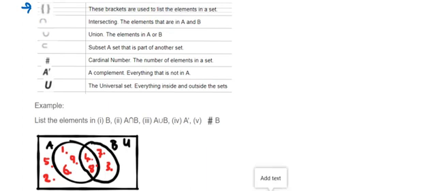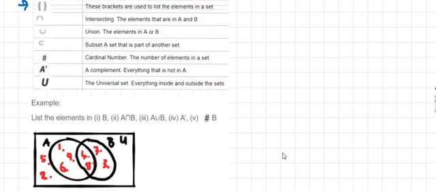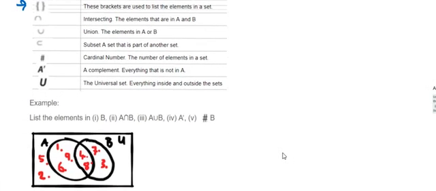So let's have a look through the example here then. We're going to use the information that's up there to help us answer these few questions. So part I, you have to list the elements that are in B. So B, the elements that are in B, and notice how I'm just using these kind of brackets again here.